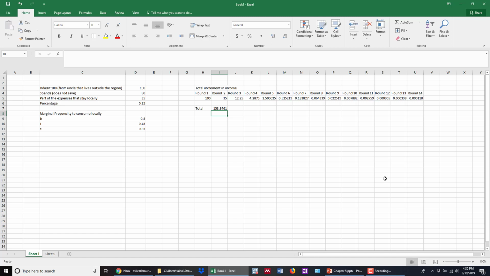What is the multiplier? The multiplier would be that scalar that times 100 equals 153. Here's a math trick. To calculate the multiplier, you can do 1 plus 1 divided by 1 minus (b minus I).